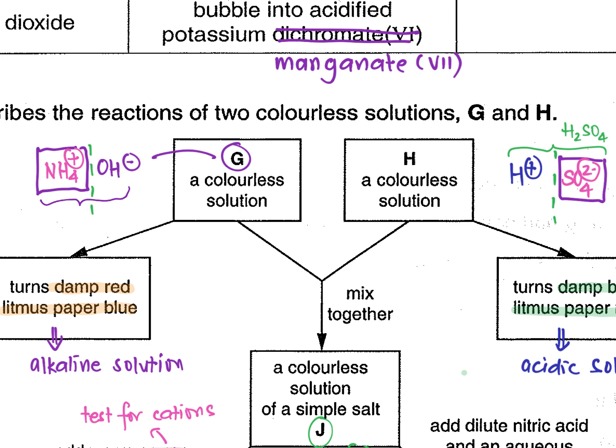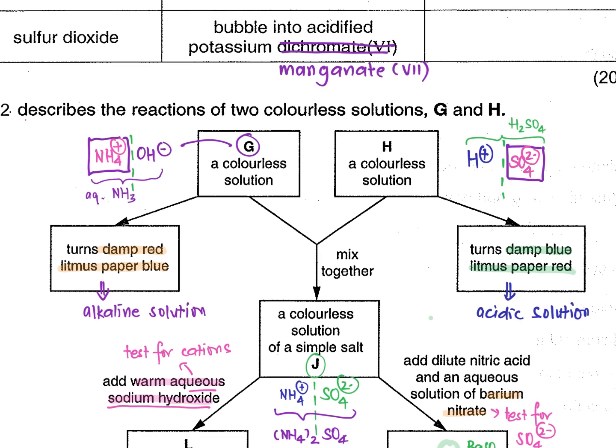NH4 plus ion and OH minus is what you combine together and term as ammonium hydroxide. But ammonium hydroxide is not a stable compound, so usually you name this as aqueous ammonia. Just take note: you write NH3 plus H2O when you're constructing the chemical equation. If you're not constructing the chemical equation, then you just term it as aqueous ammonia.